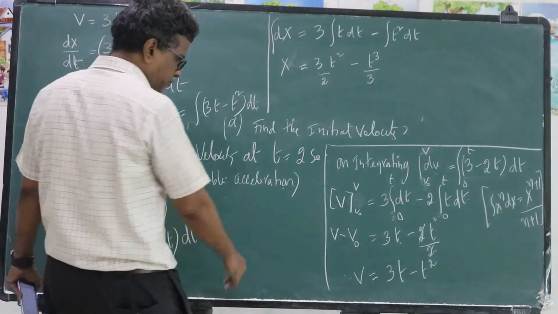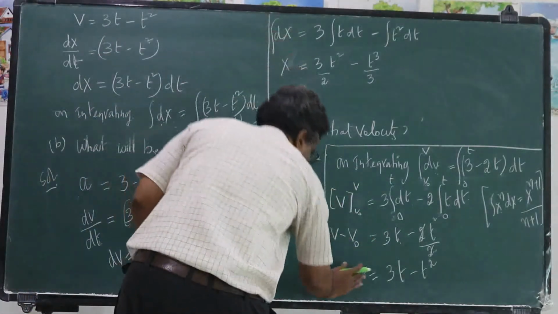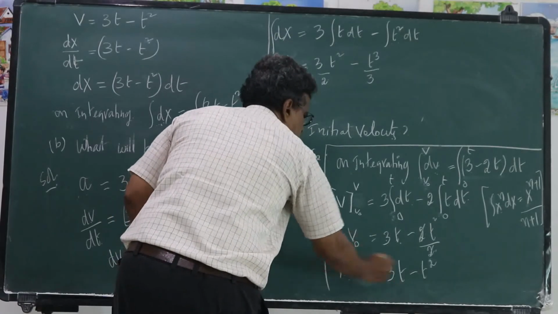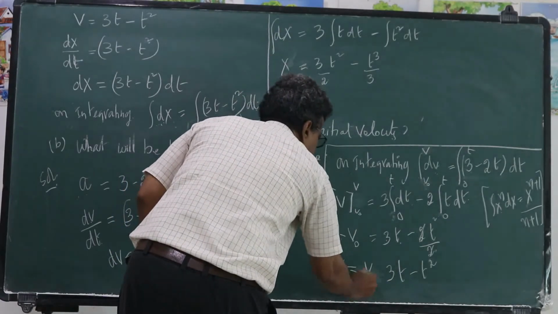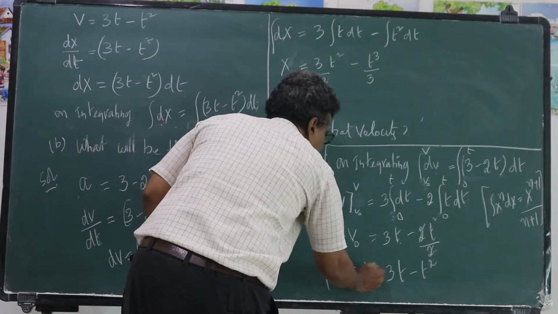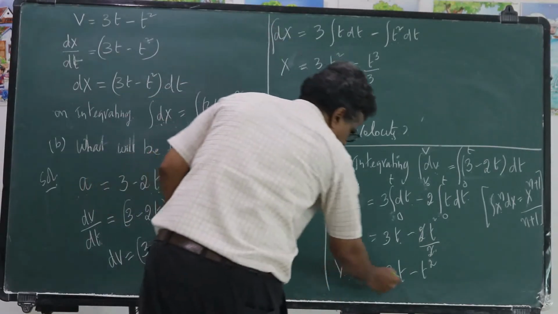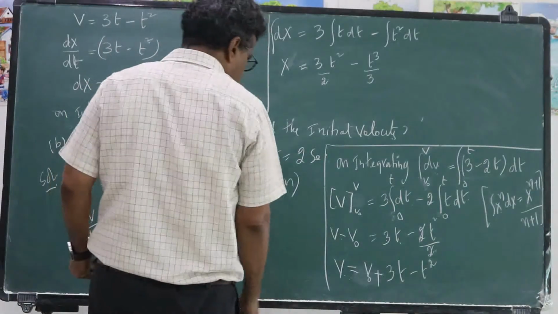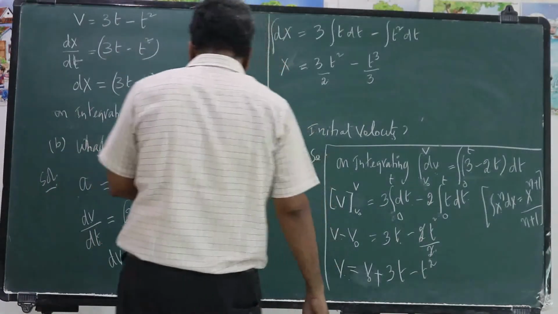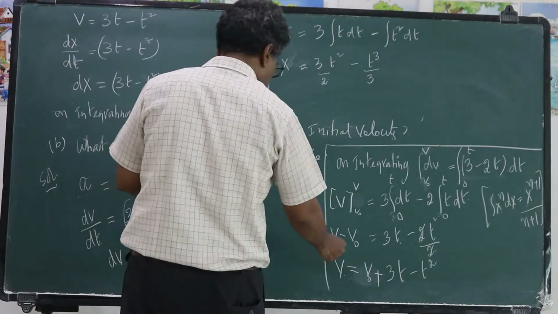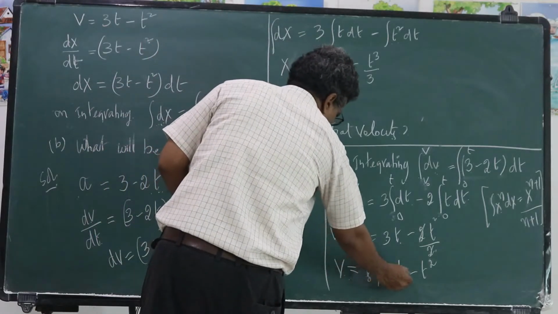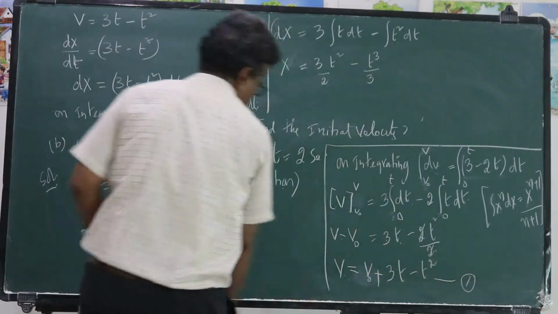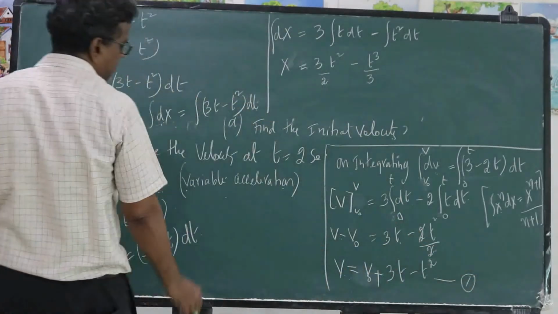Bringing minus v naught to this side, it becomes plus v naught. So v is equal to v naught plus 3t minus t square. Call this equation 1, where v naught is the initial velocity.